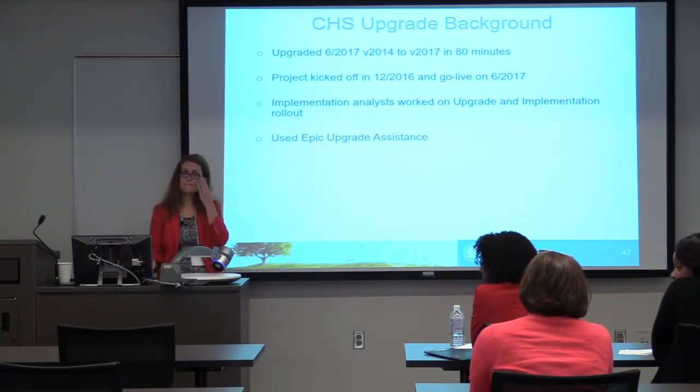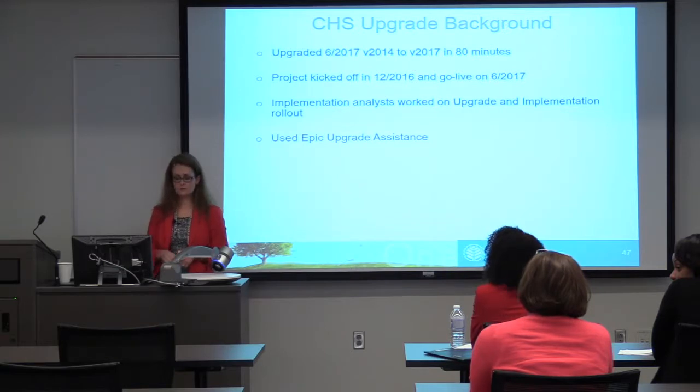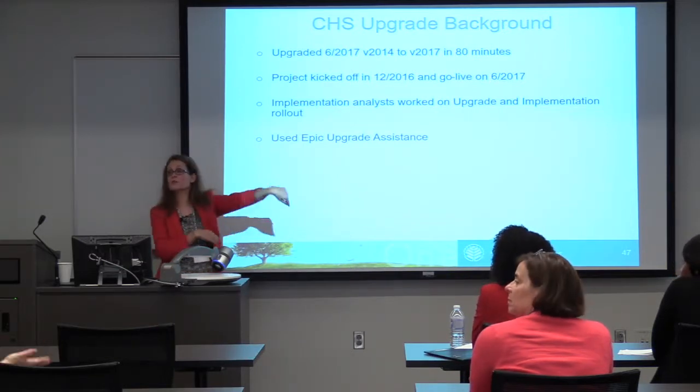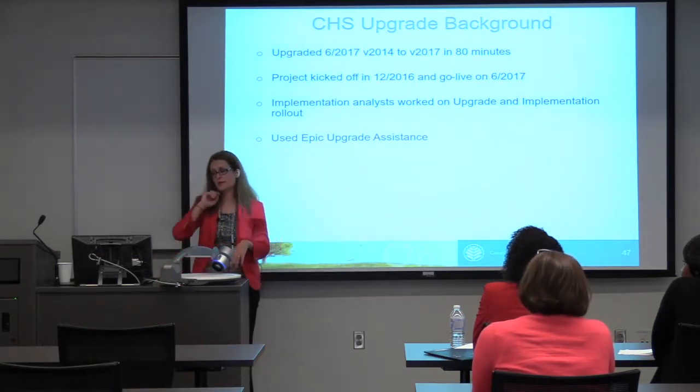So on the locations that are yet to be installed or go live on Epic, will they go live on 2014 and then you upgrade immediately to 2017, or are you saying they've already come over and are upgraded? We don't install 2014 anymore. You install 2017.